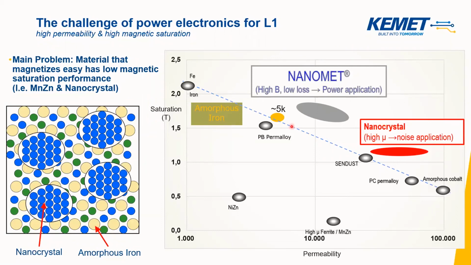And nanomet is really our main focus material for power inductors, and nanocrystal is more for the EMI inductors, like for common mode choke or for a differential mode choke.